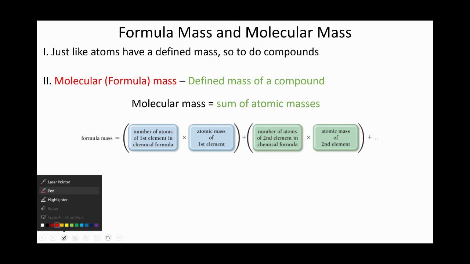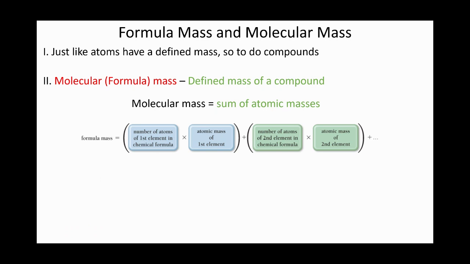Let's say, for example, we're talking about something like CO2. Let's say our first atom is carbon and our second atom is oxygen. We'd look up their atomic masses. For carbon, that's 12.011 AMU, and for oxygen, that's 16.00 AMU.